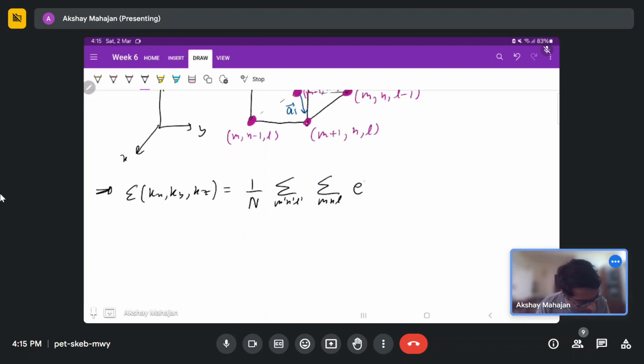We have e to the power iota a by 2, kx plus ky minus kz. So it is a1 vector dot the k vector, that will give you, and from there we get m minus m prime.